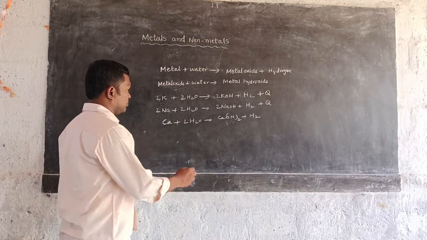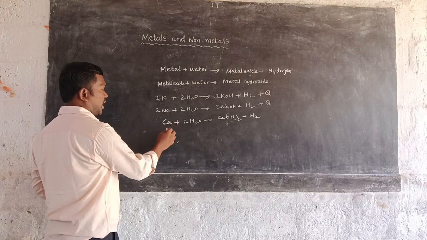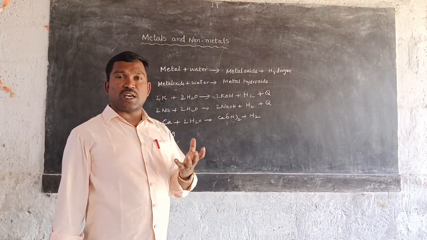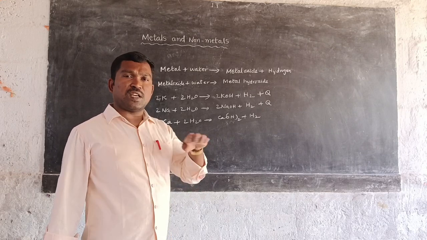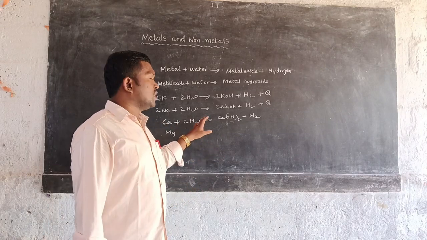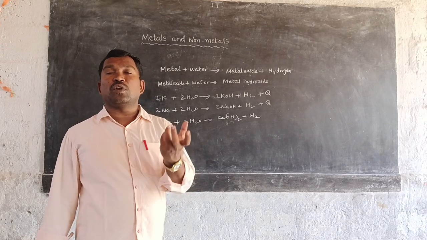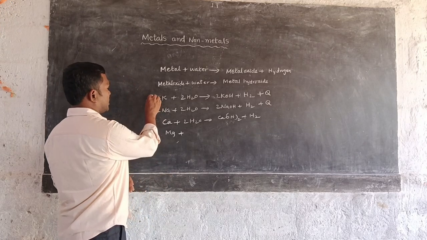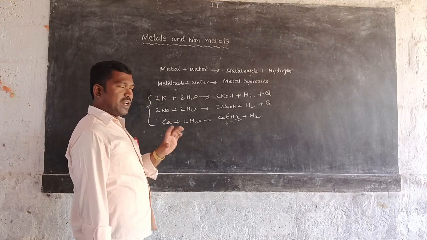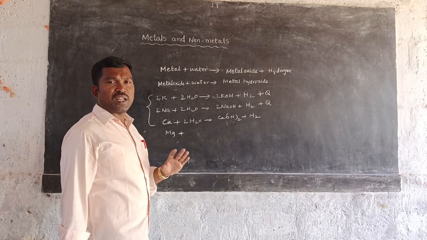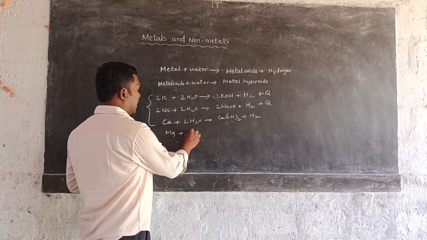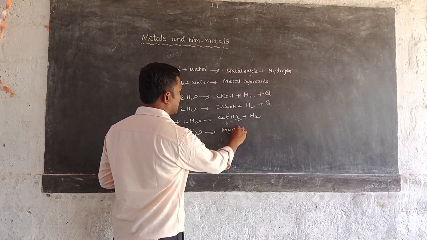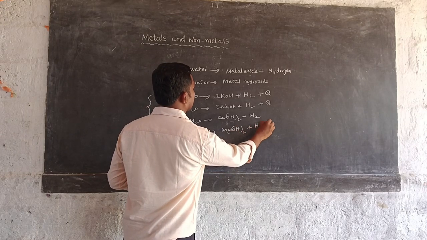Okay, so next one. Potassium, sodium, calcium are complete. Calcium floats on the water, because bubbles are formed here, and these bubbles help the calcium float on the surface. Next one, magnesium. Magnesium does not react with cold water, but potassium, sodium and calcium all react with cold water. Magnesium reacts with hot water, and magnesium hydroxide plus hydrogen gas is liberated.